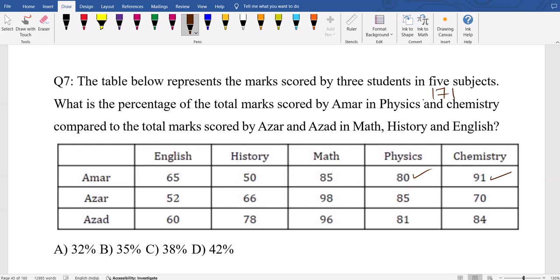Is what percentage of that scored by Ajar and Ajad? This is only Amar, one person, but Ajar and Ajad are two people: maths, history, and English.